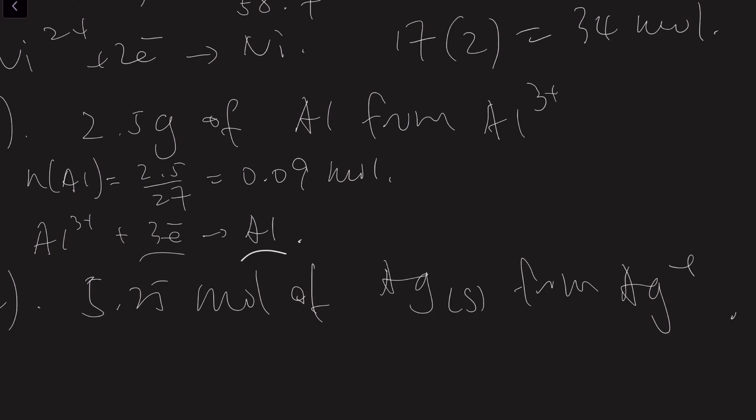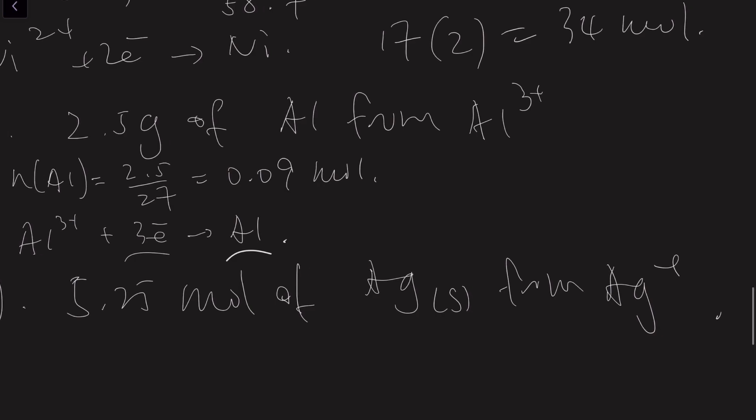Because it's more expensive, you need more electrons to produce a certain number of aluminium. So the number of electrons you require is 3 times 0.09, which is 0.28 mole.